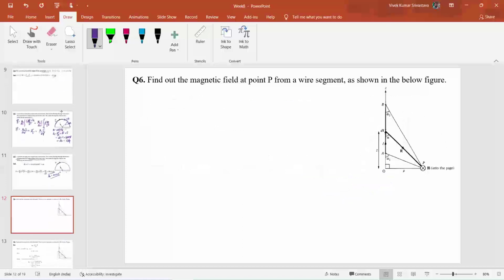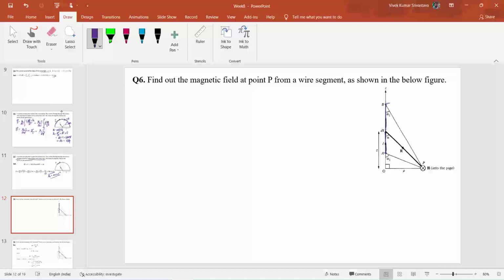So now moving ahead, in this question we have to find out the magnetic field at point P from a wire segment. So this is the wire segment, and from this wire segment we have to find out how much magnetic flux density is present at point P. So this is the problem.